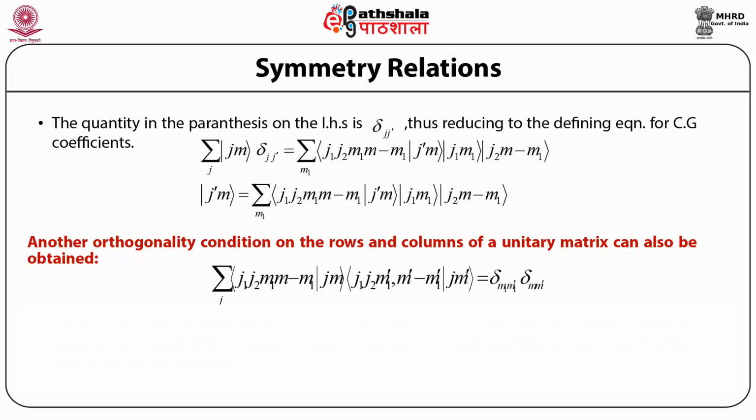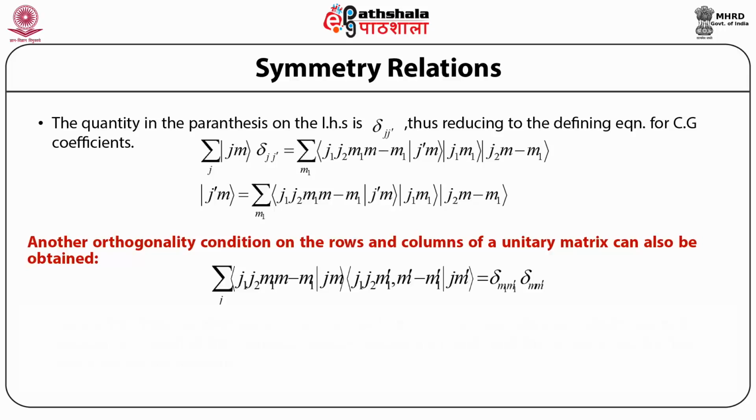So this can be written as summation over j ket vector jm delta j prime is equal to summation over m1 bra vector j1 j2 m1 m minus m1 ket vector j prime m ket vector j1 m1 ket vector j2 m minus m1, and this finally gives the result.